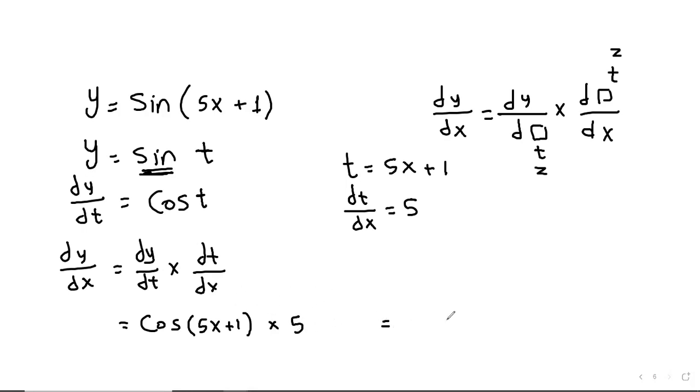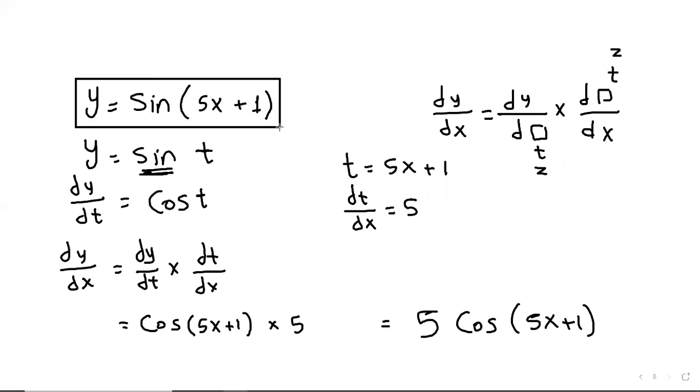So we can write it as 5 cosine 5x plus 1. It's the derivative of the function multiplied by the derivative of what is written in the bracket, the angle. So dy over dx is equal to 5 cosine 5x plus 1.